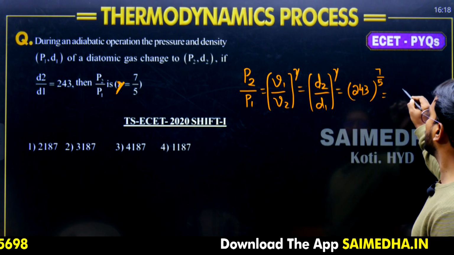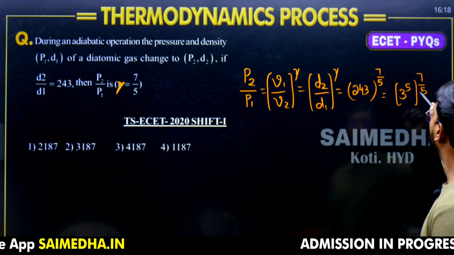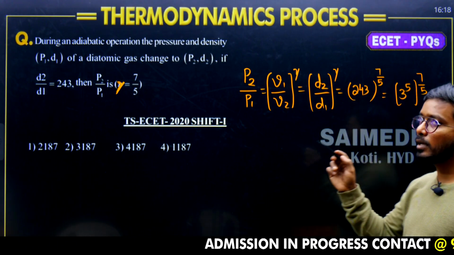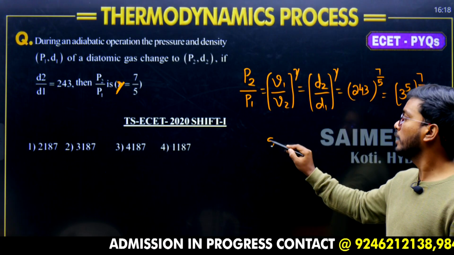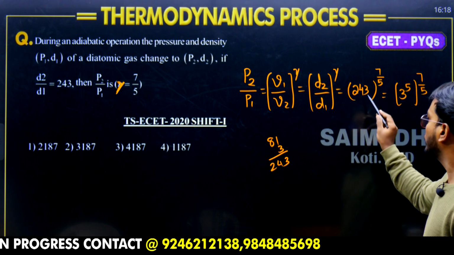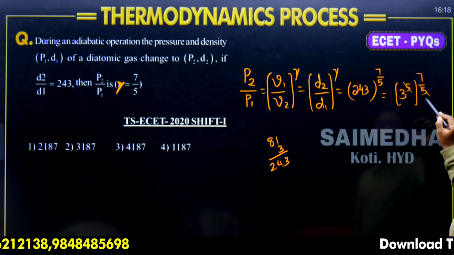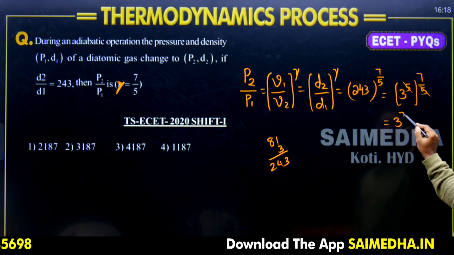You know 243 is 3 to the power of 5. So 3 to the power of 5 whole to the power of 7/5. Check: 3 3s are 9, 9 3s are 27, 81 times 3 is 243. So 243 can be written as 3 to the power of 5. This 5 gets cancelled, and the answer is 3 to the power of 7.